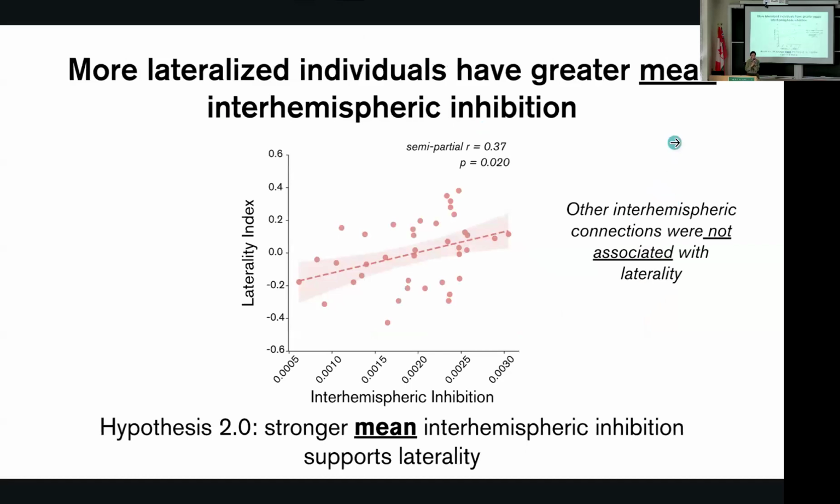And so when we look at the data, we see that interhemispheric inhibition does increase with laterality. And so perhaps it's not about the directionality being left to right having more than right to left, but maybe overall, on average, the interhemispheric inhibitory strength increases, and that is what drives lateralization.